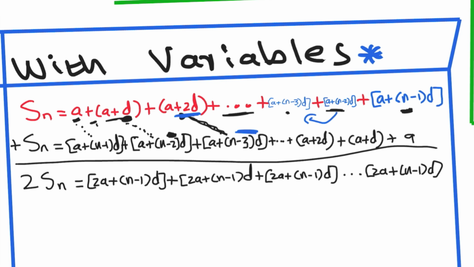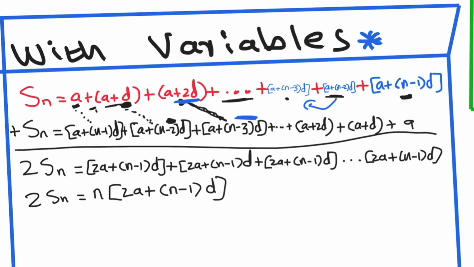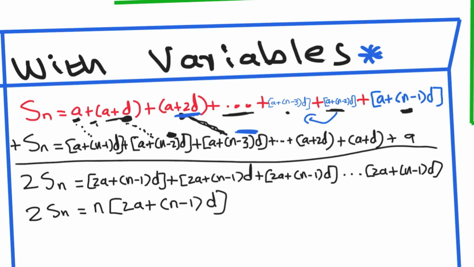So let's see if it's going to go down that way. I'm going to say 2Sn is equal to n into 2a plus n minus 1 into d. Now I'm no longer going to write all other terms. I'm just going to write this one particular term. Does it make sense? So when I'm writing only one term, I don't have to deal with all other terms. Basically, it's like 8 times 25. N times this thing is like 25.